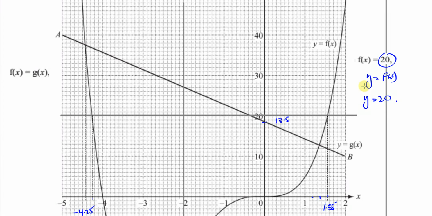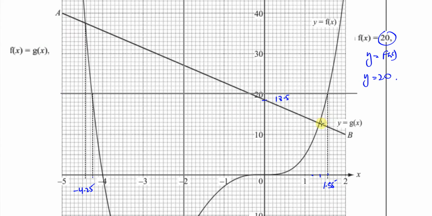And this point here is over here where they intersect again. So these are the 2 points at which they intersect. So let me write down the values for those. Okay, this is minus 4, 1, 2, 3, 4.